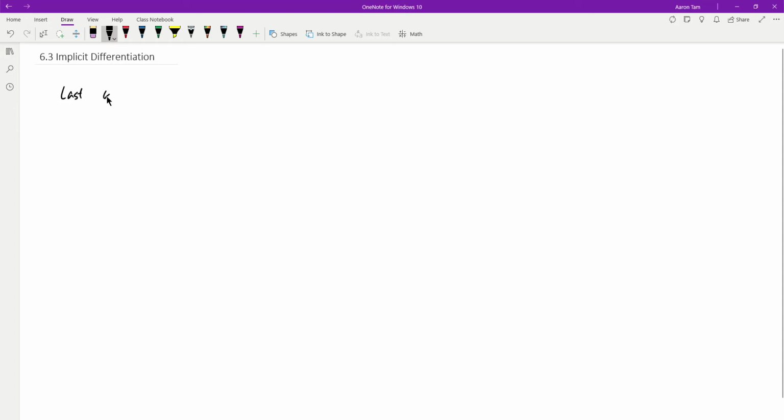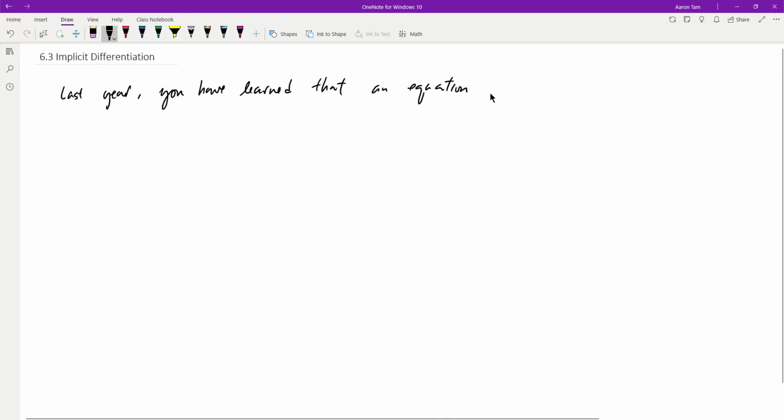Last year, you probably remember that you learned that an equation between two variables can relate them without explicitly defining a function between them.